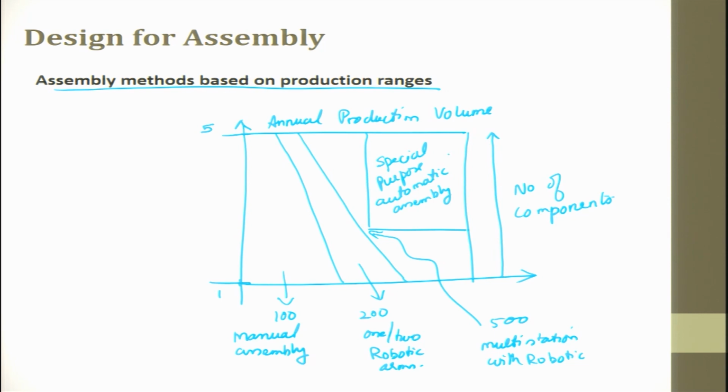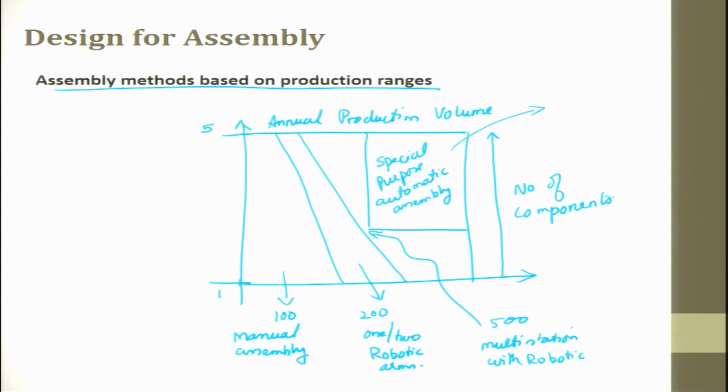When the production rate is extremely high, we go for special purpose automatic machines. These machines are custom built for doing only those operations for a required part, or it is a customized assembly process. So, there we use a special purpose machine.